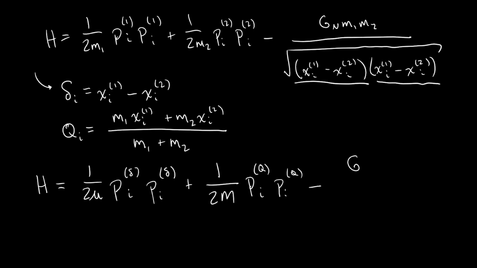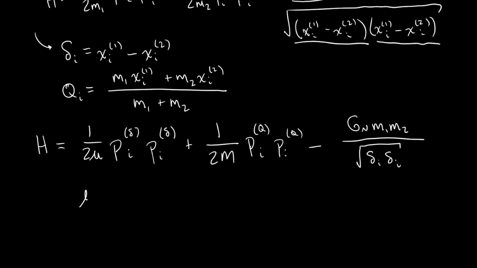And then this just becomes G n m1 m2 over the square root of delta I. Okay, and of course I've kept the same reduced masses, so this is m1, m2 for big M, and big M is the total mass again.